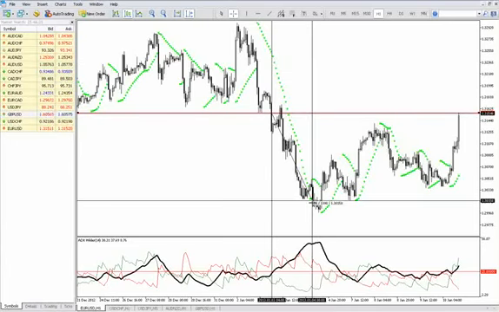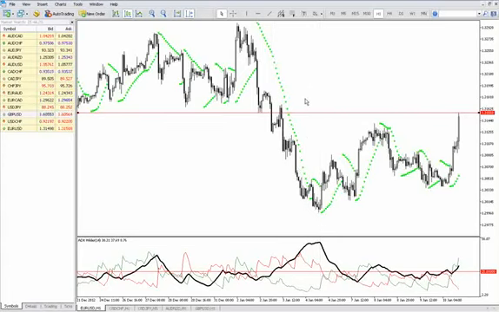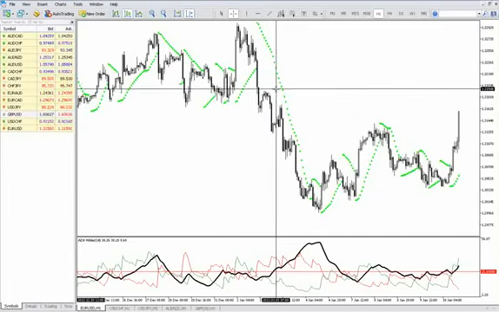And if we did that, then we would have got 1,578 pips, and that's a very, very big trade and a very successful trade. In case you're wrong, the Parabolic SAR is a great tool to use as a stop loss. So if you're playing this swing, for example, using the Parabolic SAR, your stop loss would probably be around about here.